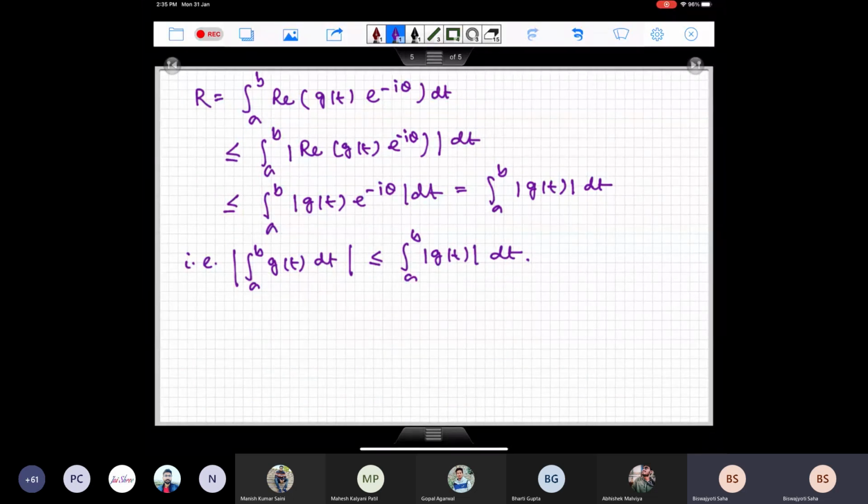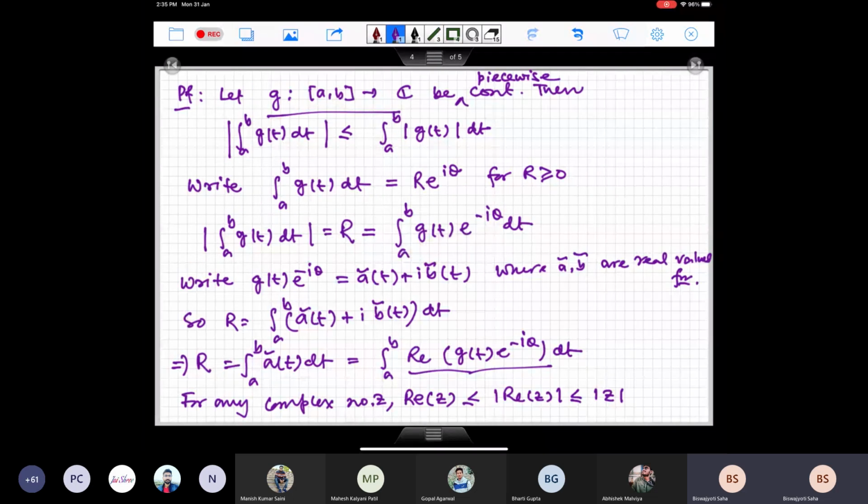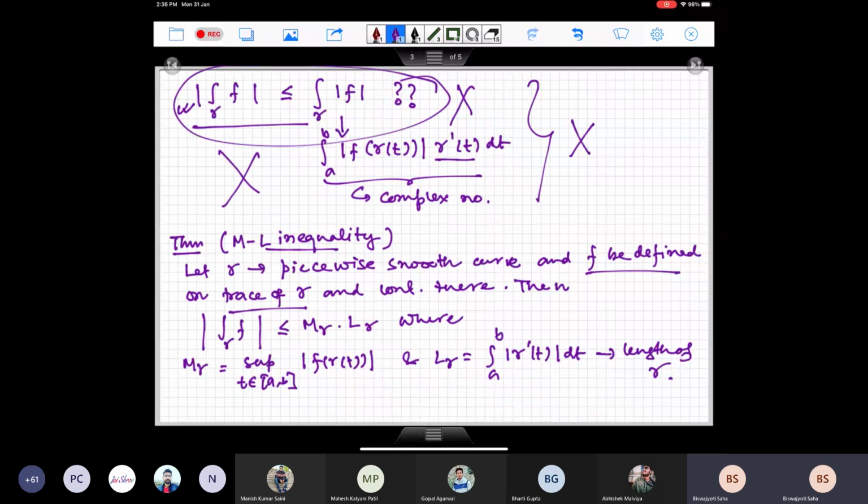What we see effectively is that this particular inequality is true if your function is defined over the closed interval [a, b] or on some subset of R where you are taking the integral. But in the case of complex integration, you need to remember that my function is no longer defined on an interval. We have already said this in the last class.